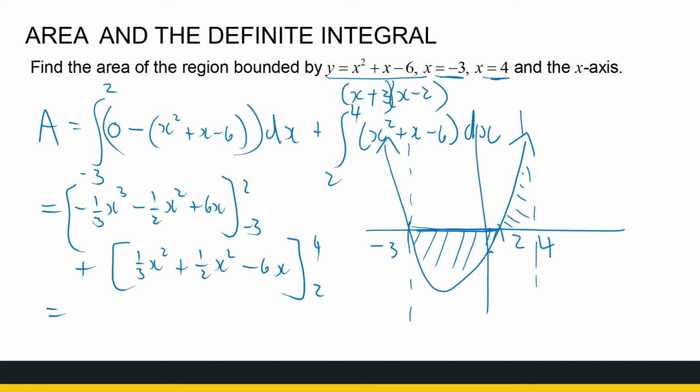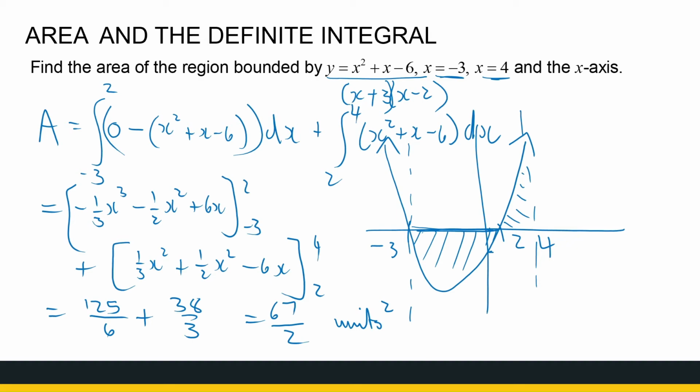The numbers are, with a bit of work with your calculator, 125 over 6 plus 38 over 3. And if I add them together, I get 67 over 2. You can check that. I do sometimes make calculator errors because I'm not so good on my calculator. But there we go. That's what you should get. And again, it's unit square, whatever the unit is. But that's not my concern at the moment.